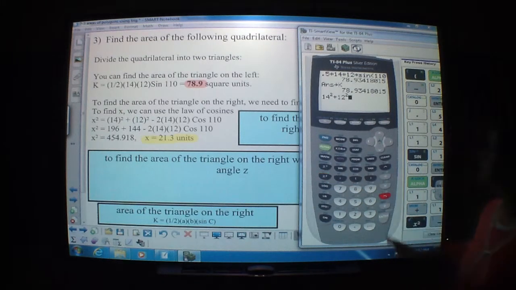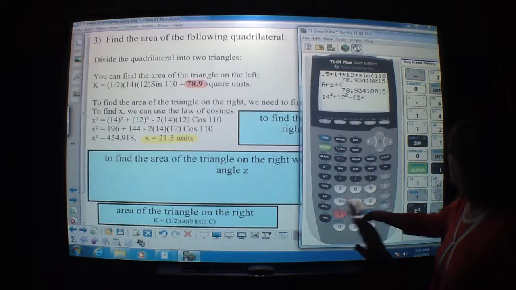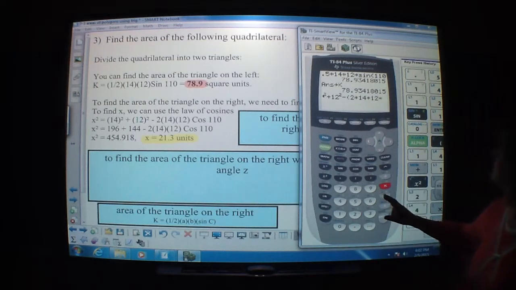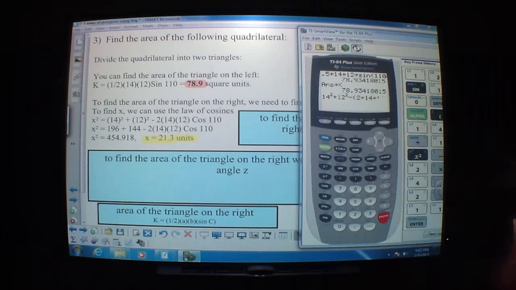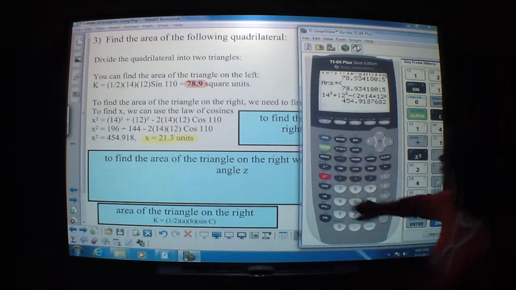Minus, and you don't really need parentheses here, but I'm going to put them in, 2 times 14 times 12 times cosine 110. Then take the square root of that. Square root's right here, so I can do square root.